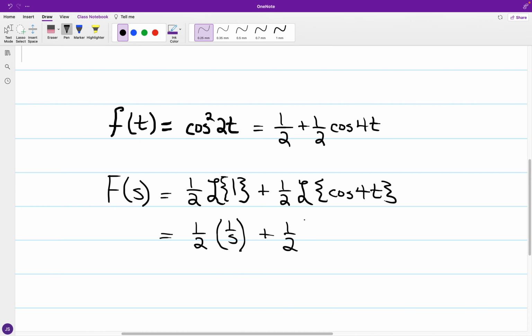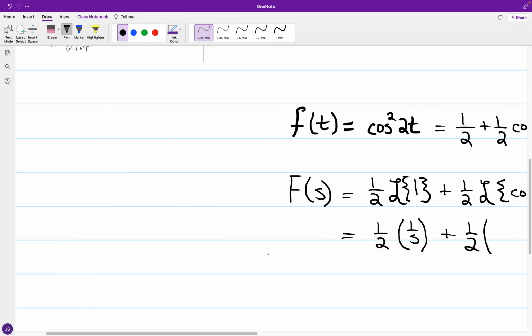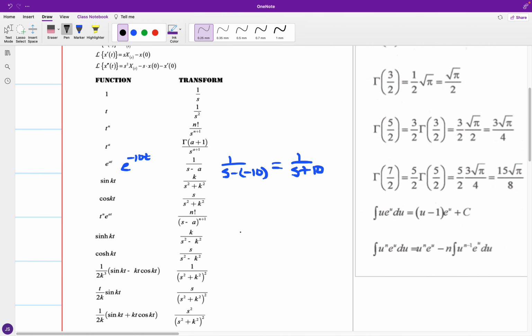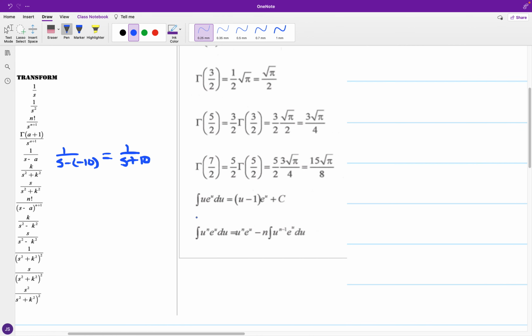Now for the cosine of 4t, referencing the table, you have your function cosine of kt, where k is 4, and so for the cosine of 4t, that's going to be s over s squared plus 4 squared, so we're going to have s over s squared plus 16.